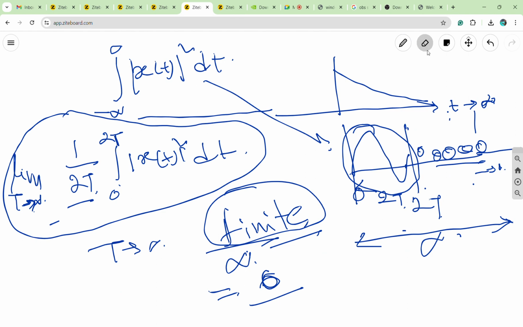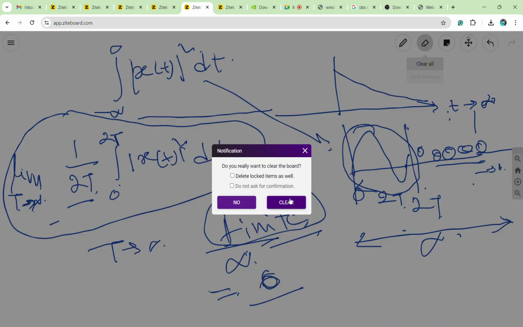Next question we should go. This question is some form of mathematical equation.